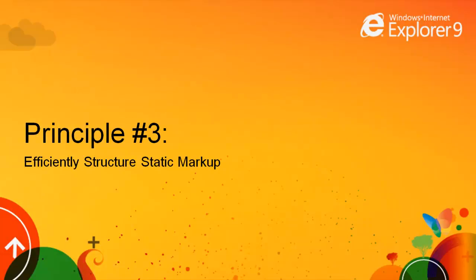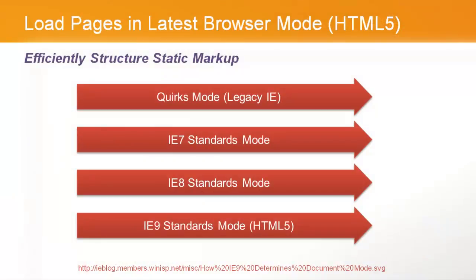So here we have efficiently structuring your static markup, and this is where we're going to focus next. You have to make sure that whenever you're writing your code, whenever you're serving your code, you make use of the latest browser mode, especially Internet Explorer, where with Internet Explorer 8, the team introduced what is called the browser mode, and then you can use either the IE8 mode, the IE7 mode, which is using the IE7 layout engine, or the Quirks mode, which is a legacy IE and especially works for websites that were designed or built with IE6 in mind.